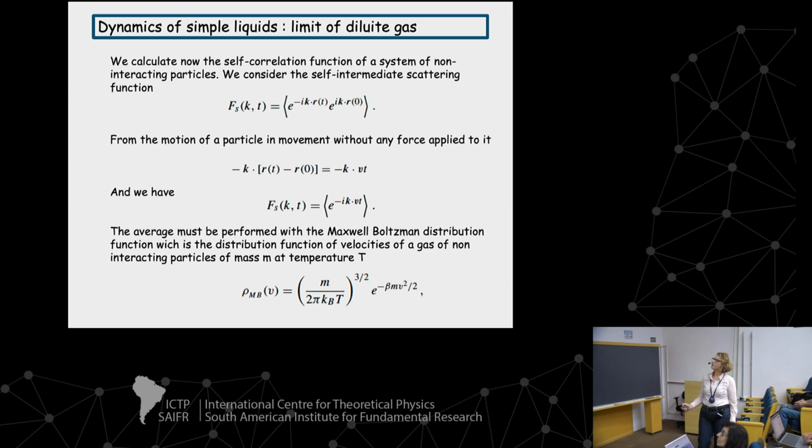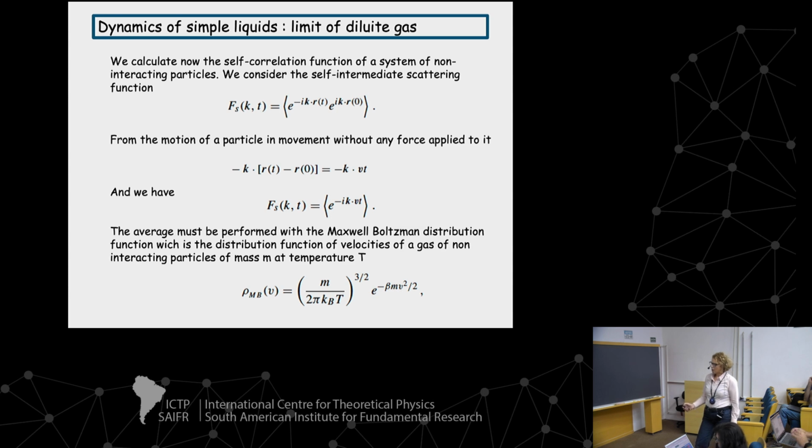Since we have this k times r, which is k times vt, because we have no force applied to it, the self-intermediate scattering function will be the thermal average of e to the minus ik, the wave vector, times vt.